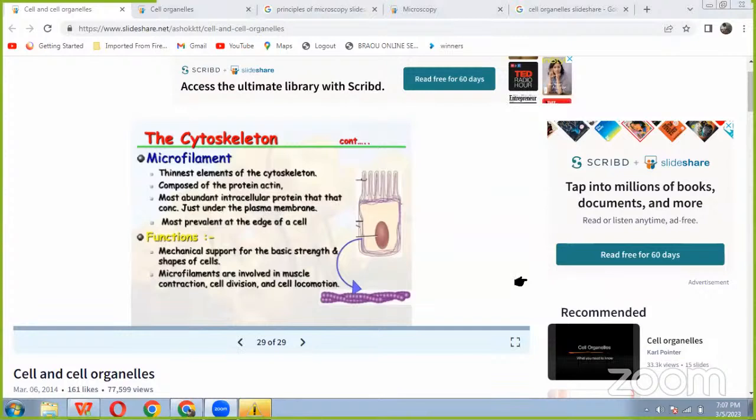Okay, next one is the glyoxysomes: some plant species store the lipid materials in the seeds.